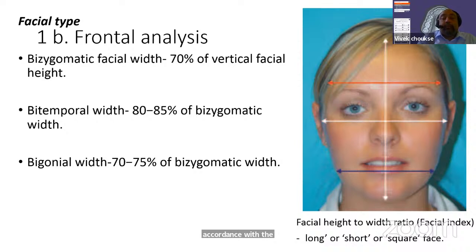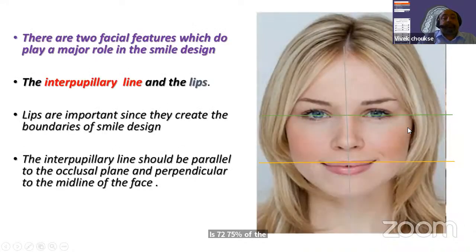Then we can see the bitemporal width is 80 to 85% of the bizygomatic width, and the bigonial width is 70 to 75% of the bizygomatic width. Then there are two spatial features which play a major role in smile design.